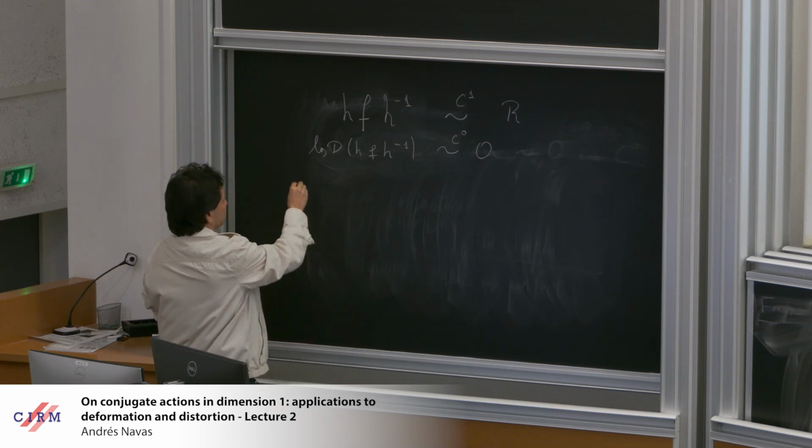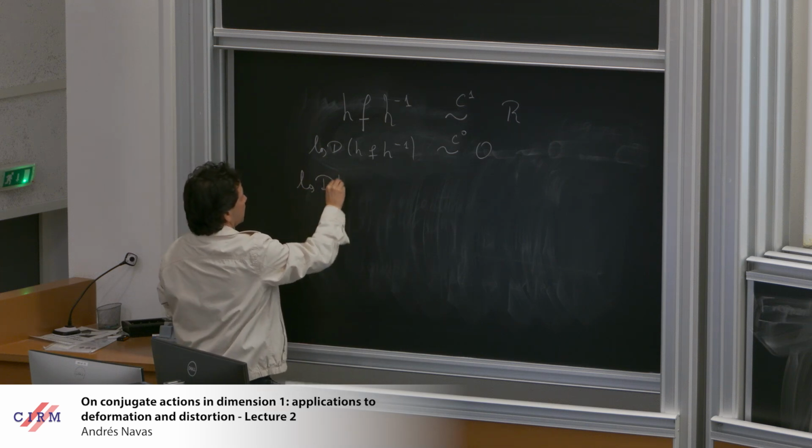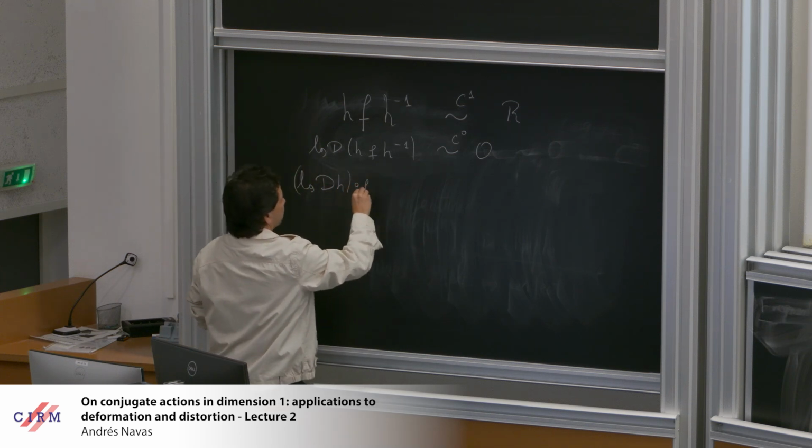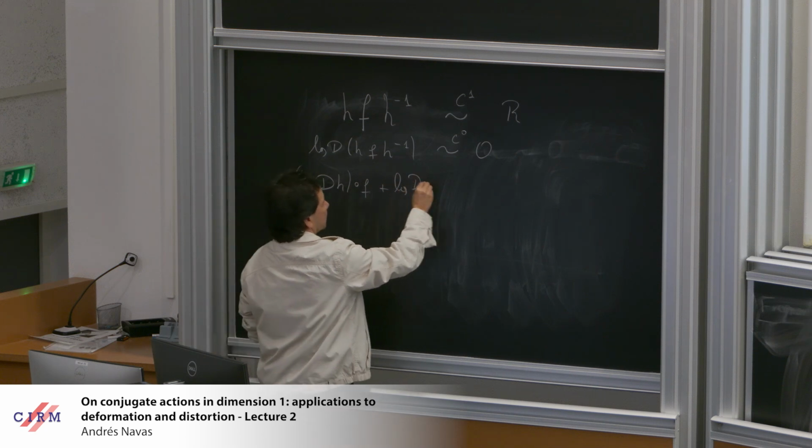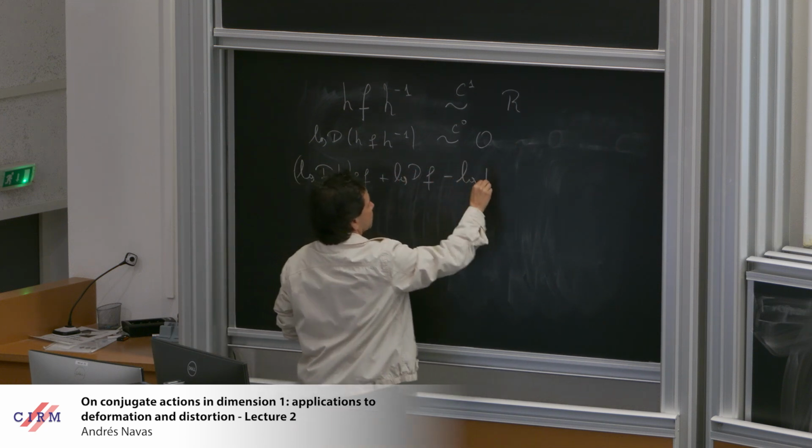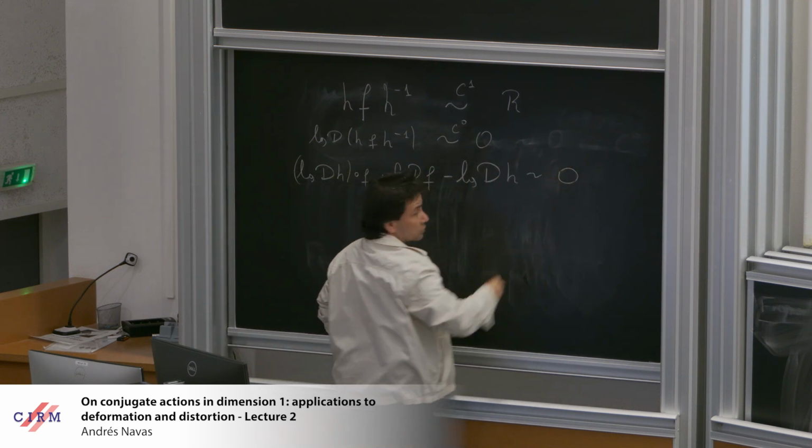And this is because of the chain rule. This is log dH composed with F plus log dF minus log dH. So this is close to 0.